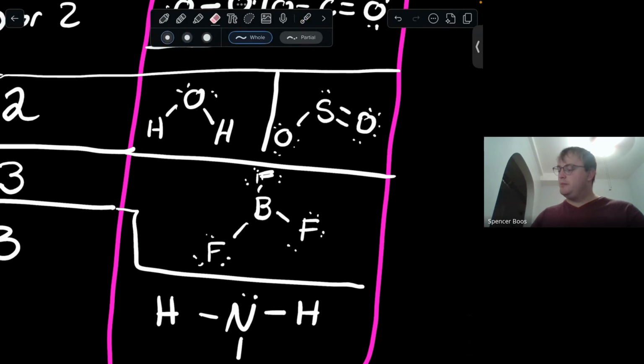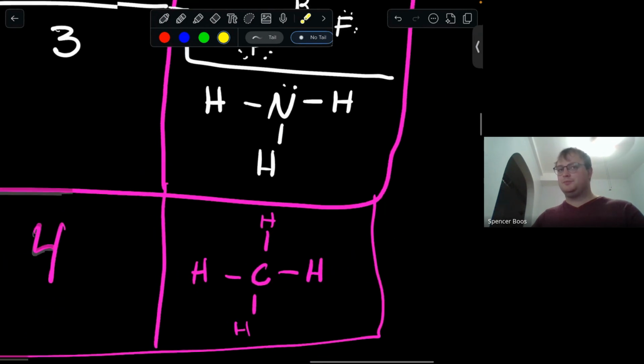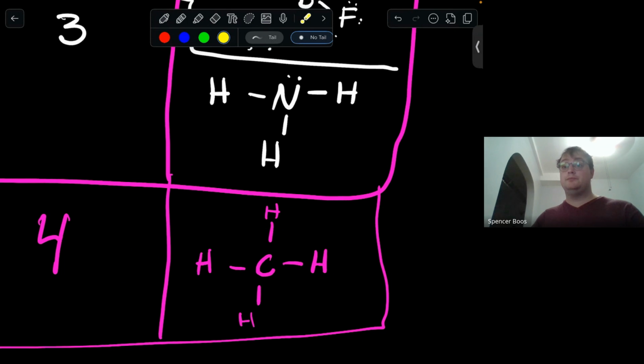For the person who pointed out my mistake up here, you are correct. The mistake up here was that this oxygen had too many electrons. It should only have 2, or 2 pairs, I should say.